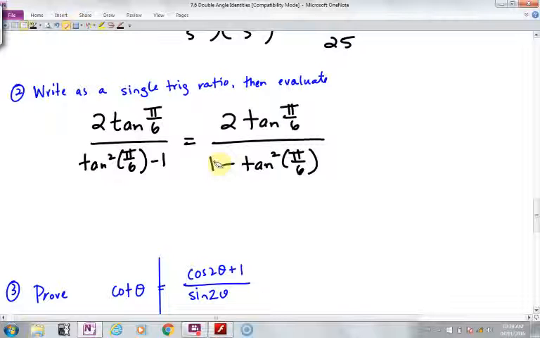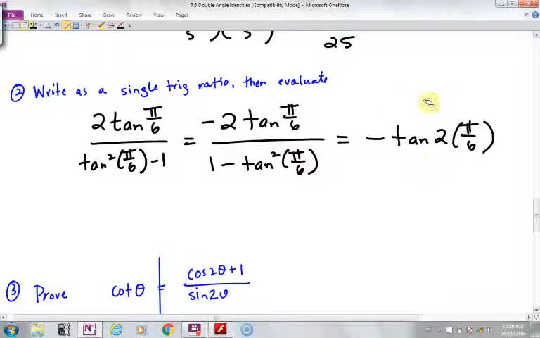This is a positive 1. This is positive tan squared. This is negative tan squared. So these are the opposite of this, which means that this is the opposite of this. So making this negative, now this is exactly the same. Okay? Which means that this is negative tan 2 pi by 6. Okay, so they're not equal, but they are opposite to one another.